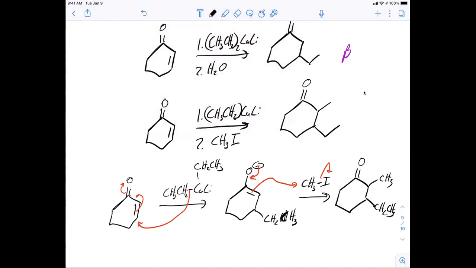Questions about this one? So the product of the Gilman is the enolate, so I just capture that enolate and allow it to do the alpha addition.